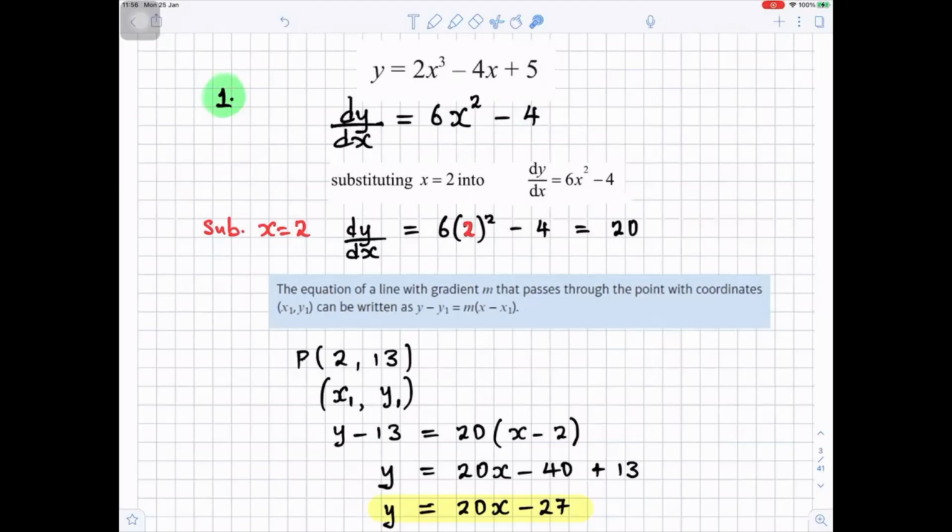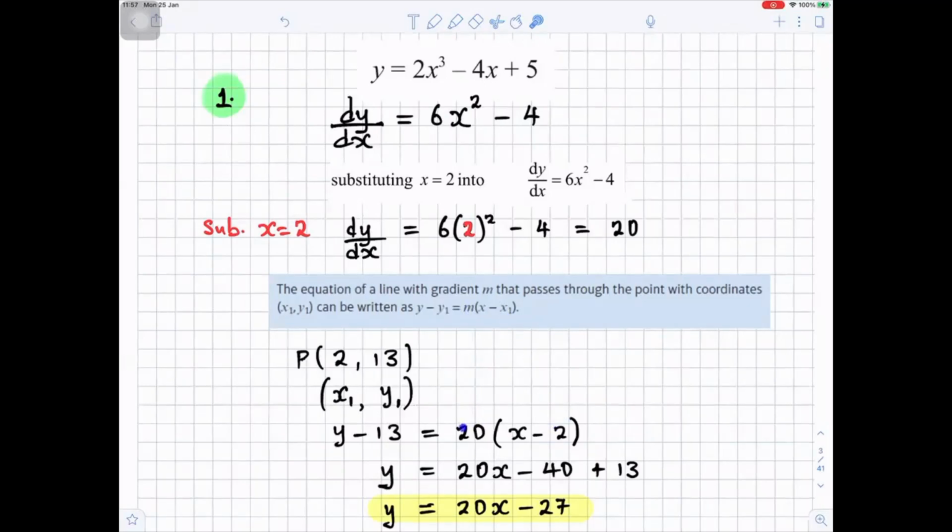Now, to find the gradient at the point when x equals 2, you sub in x equals 2, so it becomes 6 times 2 squared minus 4. It gives you 20. Now we're going to use the equation for a straight line, the one I've circled. y1 is 13, so it's y minus 13 equals m, which is 20, times x minus x1, which is 2.